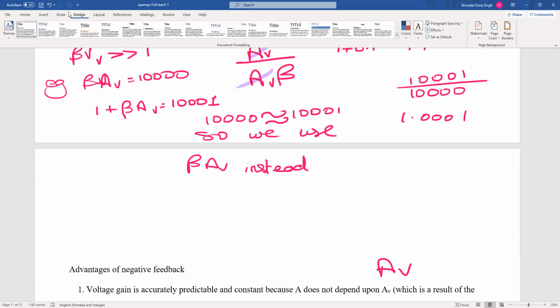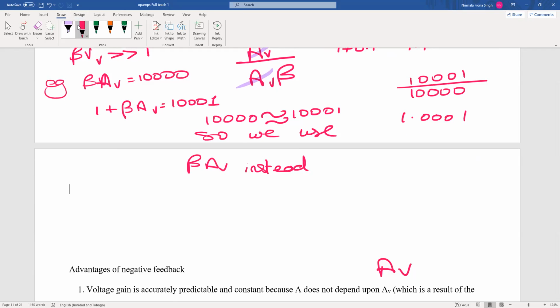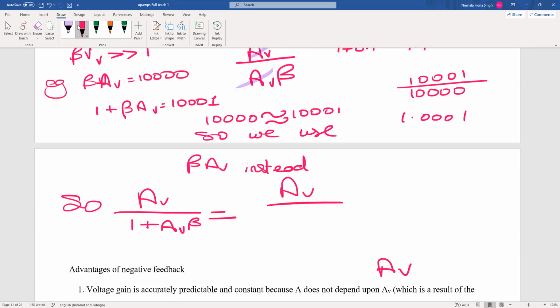Let's write that down so you all can see it, even though it's there on the board. AV over 1 plus AV beta breaks down to give us AV over AV beta, and this is going to cancel and give you 1 over beta.